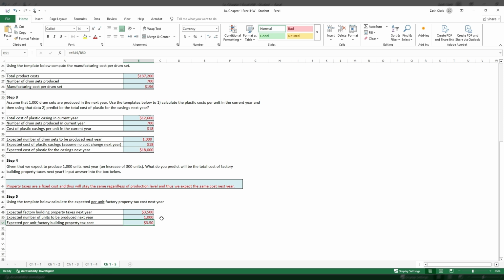There's always a multiple choice question on a quiz or an exam that asks whether variable costs per unit will increase or decrease, and fixed cost per unit will increase or decrease based on production. You've got to stop and make sure you don't answer too quickly, because it's a little counterintuitive. Total variable cost increases as production increases, because every new product adds a little more cost.